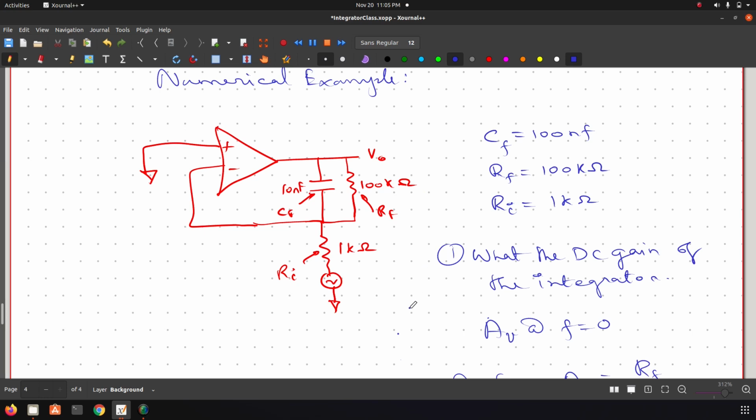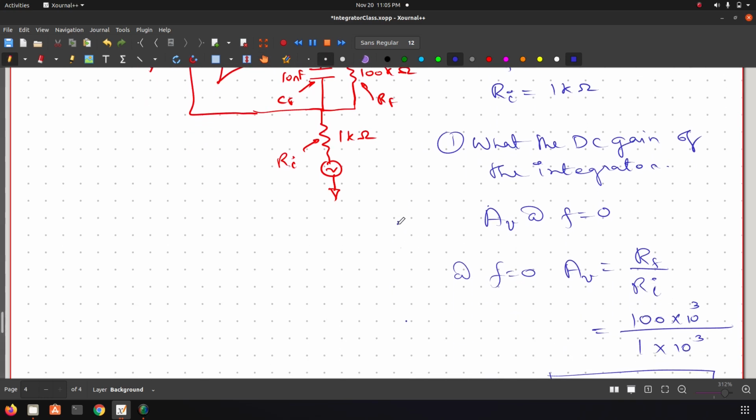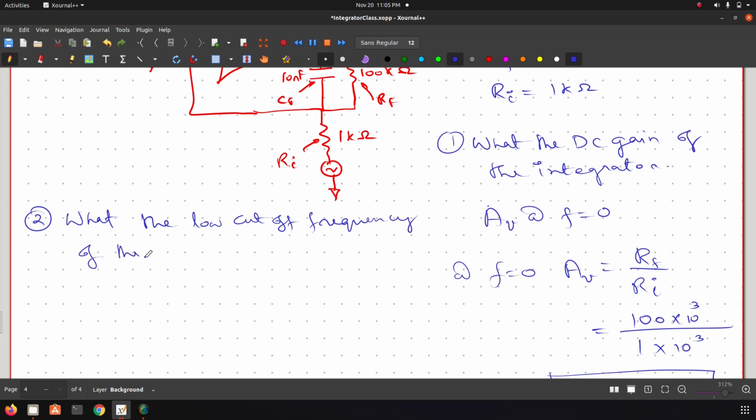So the next thing is we have to find the low cutoff frequency. Number one was the DC gain. Two is, what's the low cutoff frequency of the integrator?